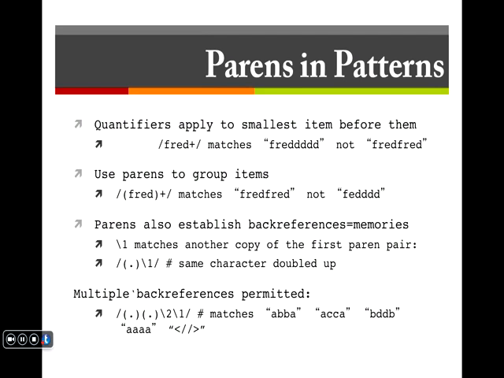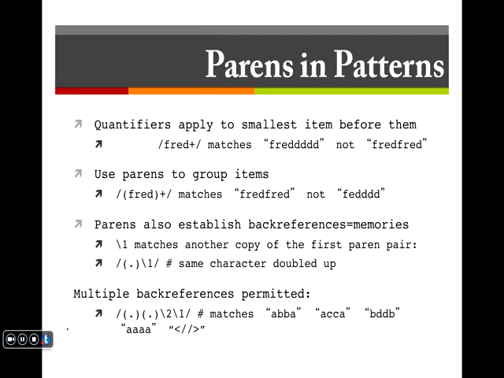When we say \1, it matches another copy of what was matched with the first parenthesis in the same regular expression. So for example, if I have, as I see here, parenthesis dot plus parenthesis \1, parenthesis around the dot, it will match any character.